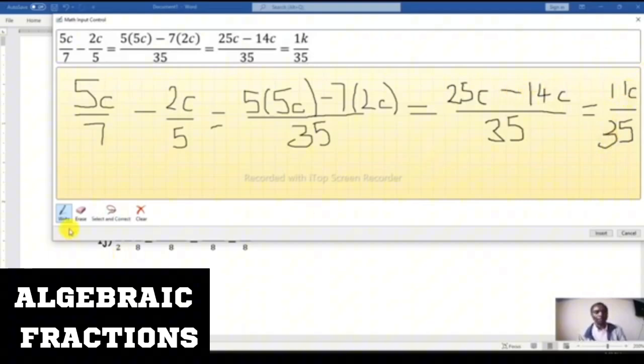So 11c over 35. Let me correct here on top, I want 11 and then a c, yes, 11c over 35.